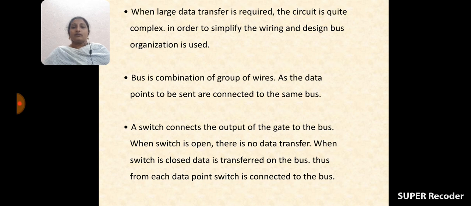If the switch is open, no output is connected and no data is transferred. If the switch is closed, the data is transferred from one stage to another stage. So in this way, the buffer will connect one data point to another data point.